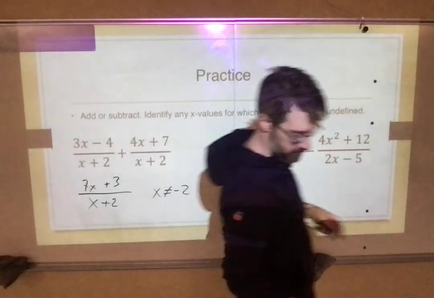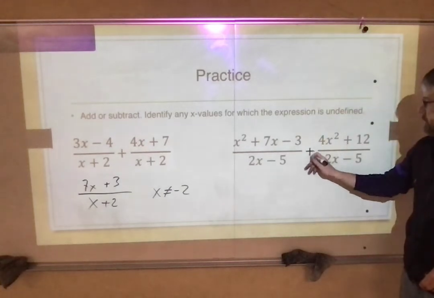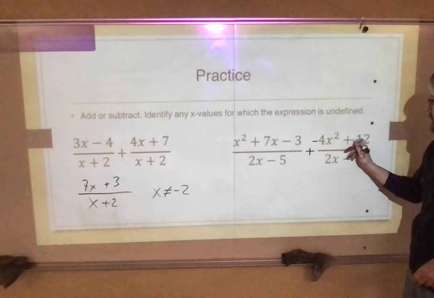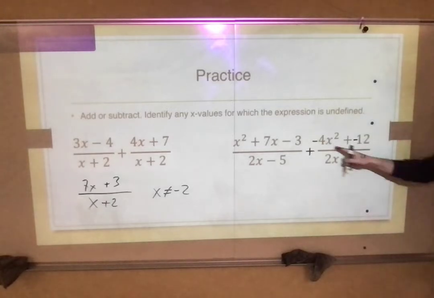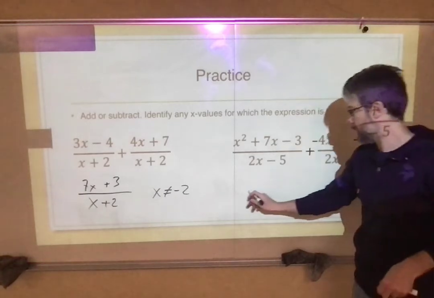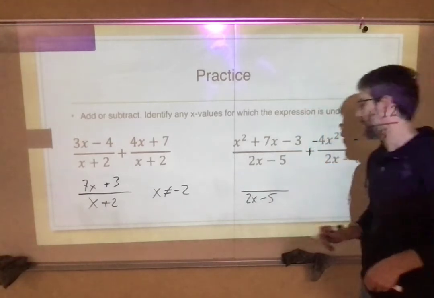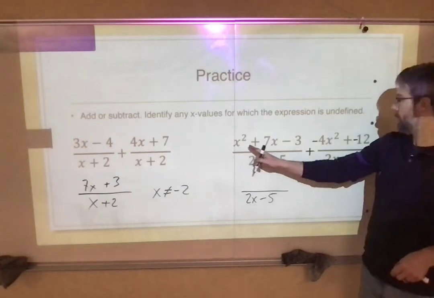All right, our next one, it's subtraction. So again, I like to start out by making it plus a negative. I'm going to change the signs. The denominators are already the same again. So it's going to be a fraction over 2x minus 5. Combine like terms.